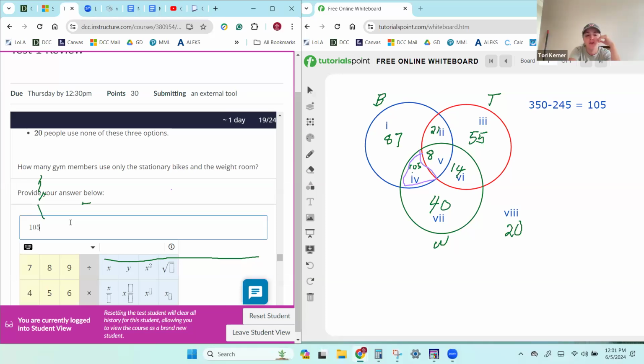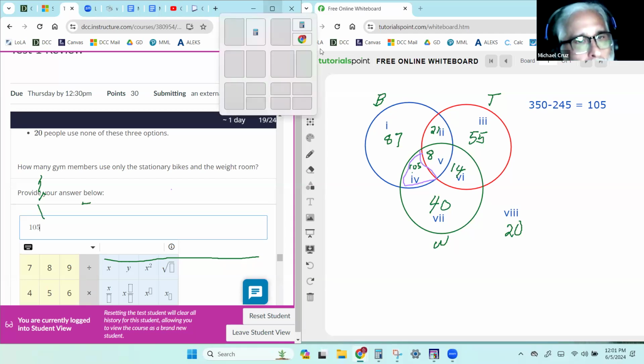On the test review, I took it. Is there a way to see results, like what I got wrong, or no? I think what it is, it's after the due date. I'll go in there and see if I can reset that because yeah, I do want you to see it. Let me see if I can do it over here on my other computer real quick. Because by default, anytime you have something like a test or a quiz, it usually defaults to after the assignment due date, you can see the results.